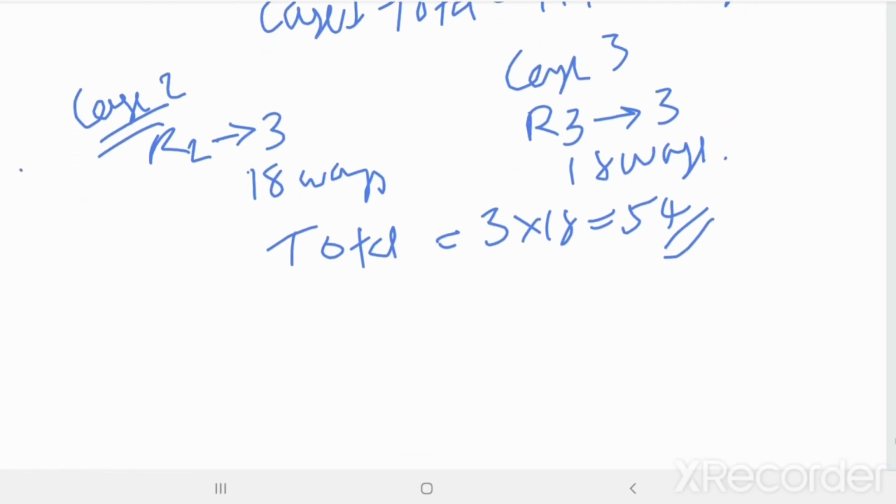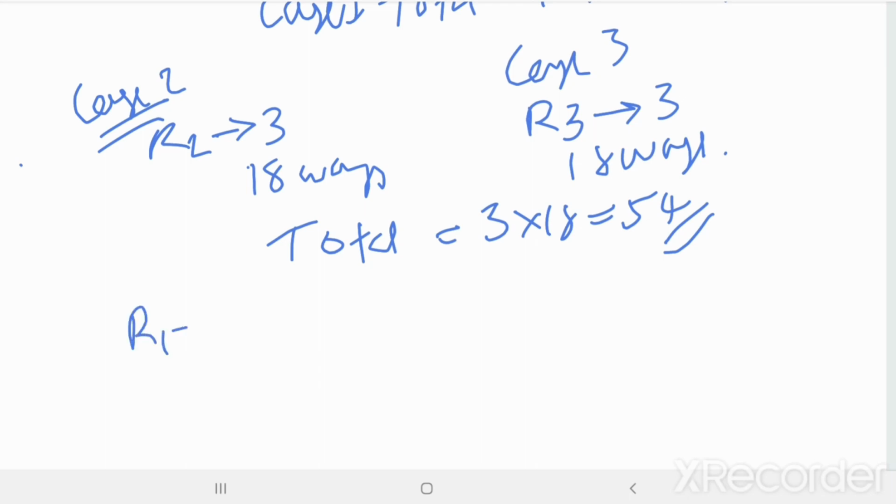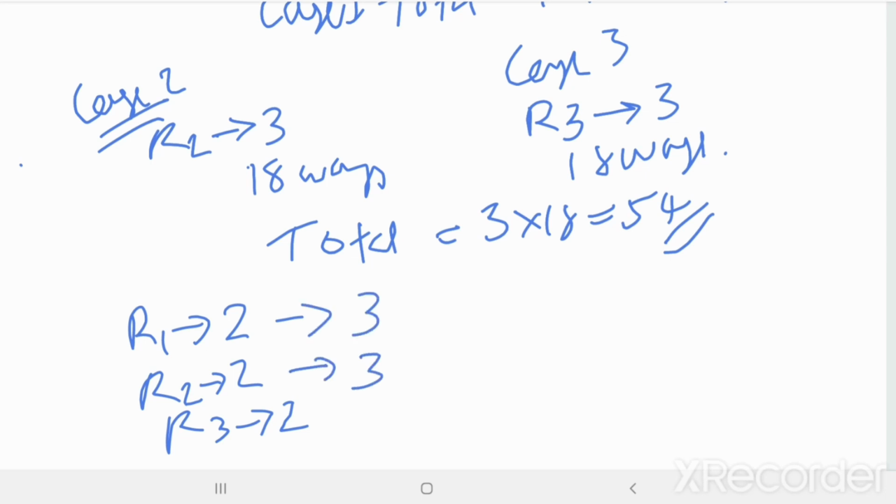Now consider each row contains 2 cups of coffee, R1, R2, R3. Then you can place these 2 cups of coffee in 3 ways here, here also 3 ways, here also 3 ways. Then the total number of arrangements equals 3 into 3 into 3, we get 27.